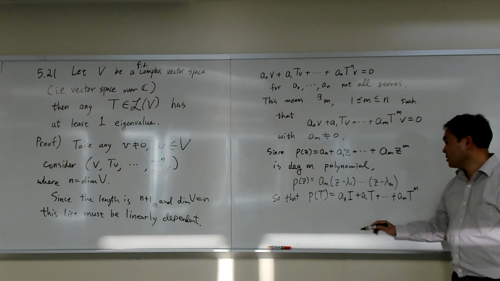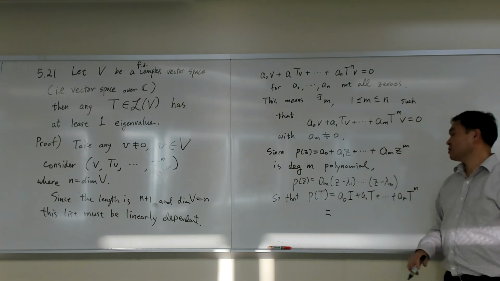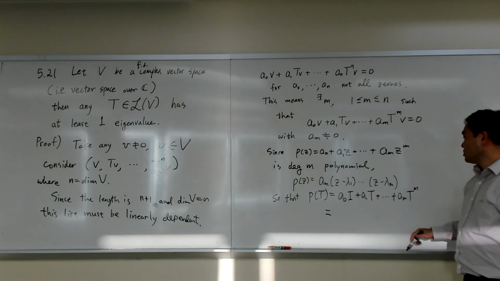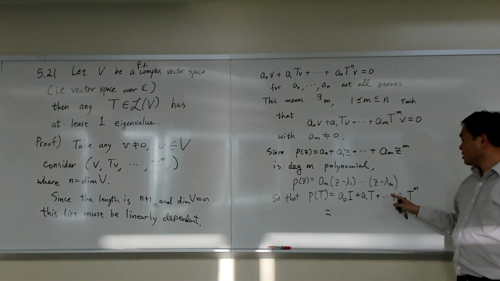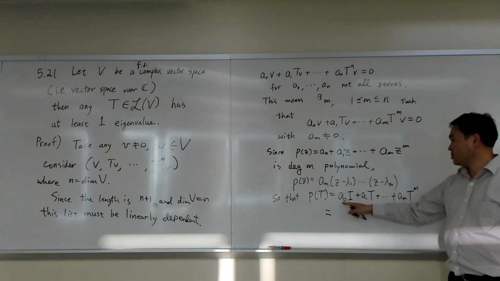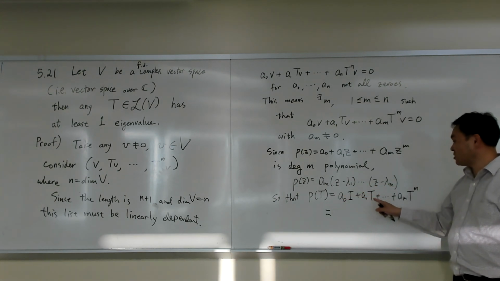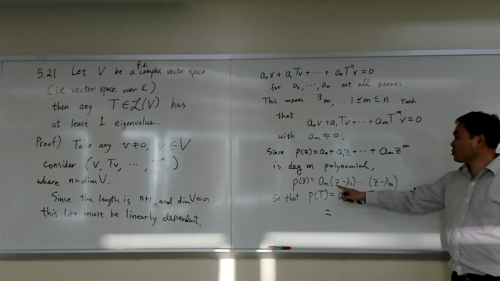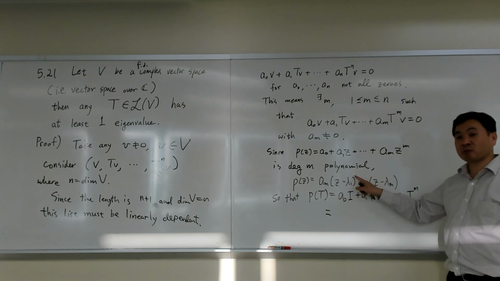And since we know that with polynomial multiplication, you can take the multiplied version and replace z by T, or you can also take individual z's and replace them by T and constants by I, and then multiply them. They're the same, right?